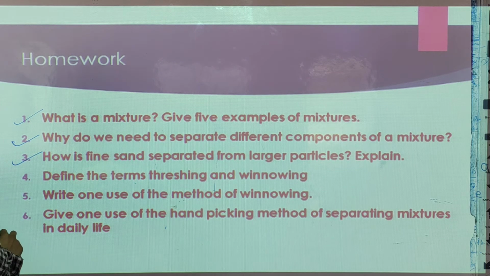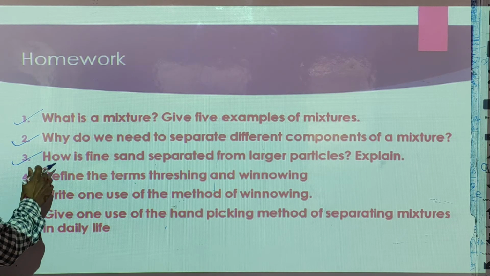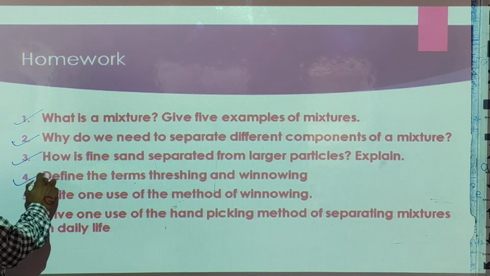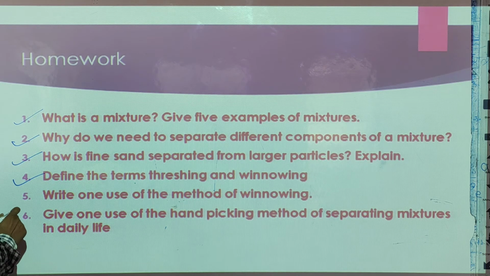How is fine sand separated from large particles? How is sand separated from large particles? Define the terms threshing and winnowing. Write one use of the method of winnowing. Give one use of the hand picking method of separating mixtures in daily life.